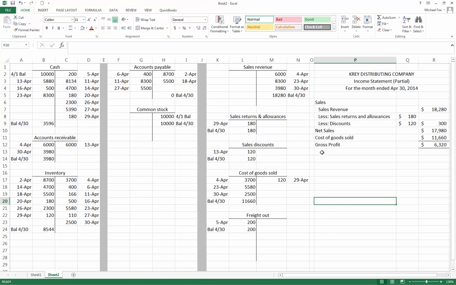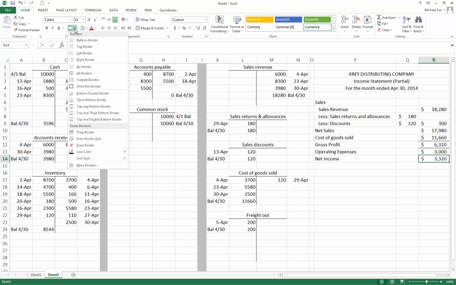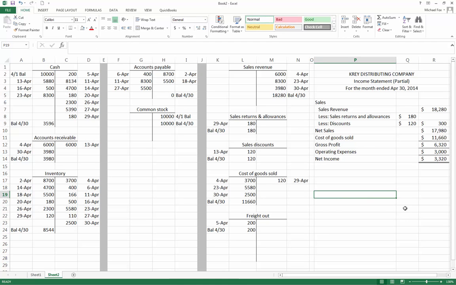Okay, so what I'm going to do is I'm actually going to finish this so I can figure out my net profit. So operating expenses, so our net income would be our gross profit minus our operating expenses. And then it asks for the gross profit margin, or gross profit rate, I think is the term they used.